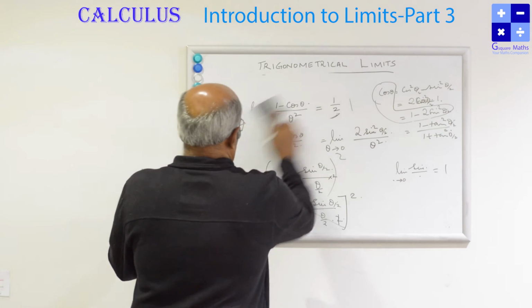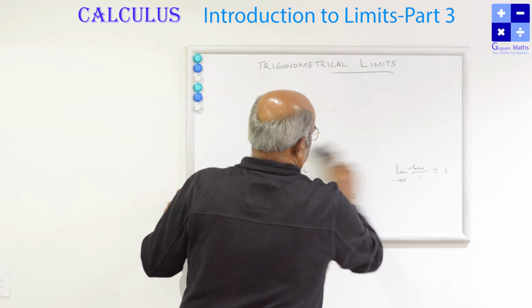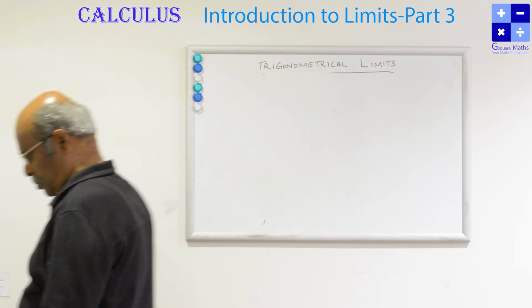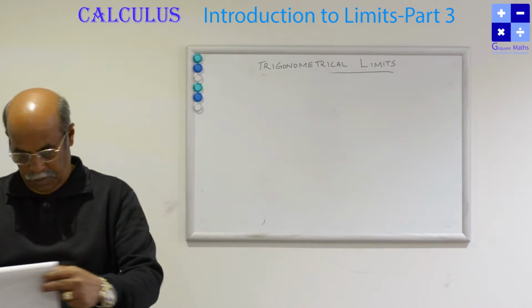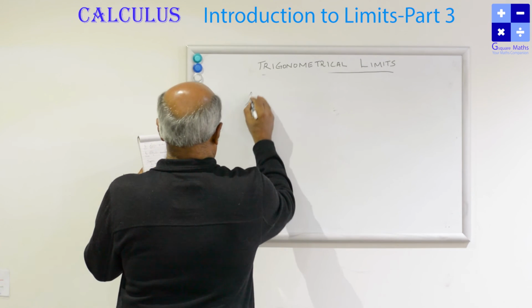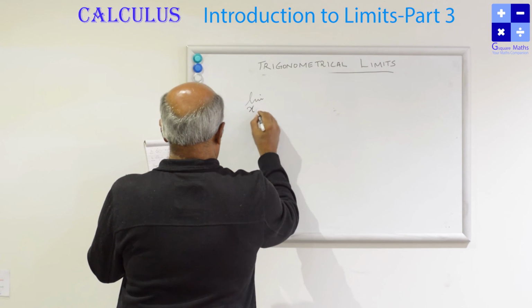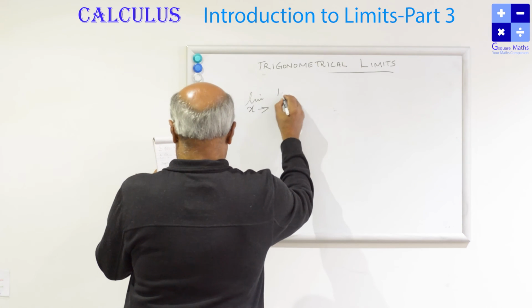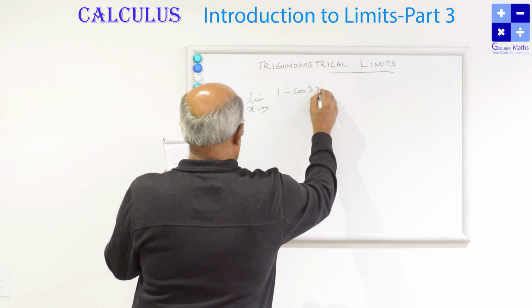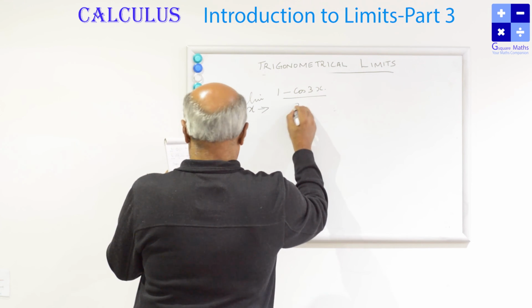Let us take some more problems, 1 or 2 problems. Evaluate limit x tends to 0, (1 minus cos 3x) by 8x square.